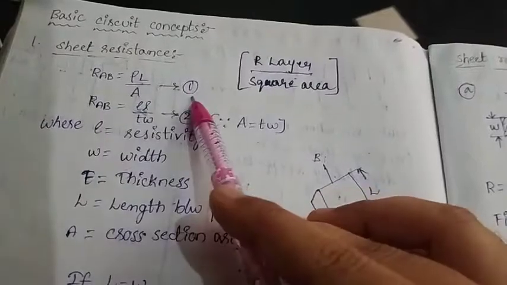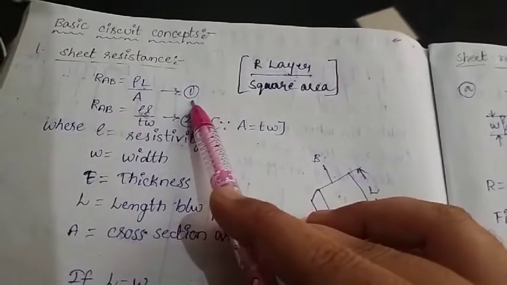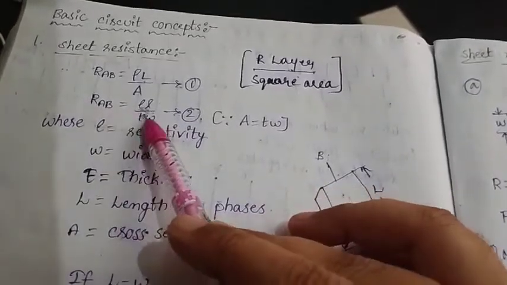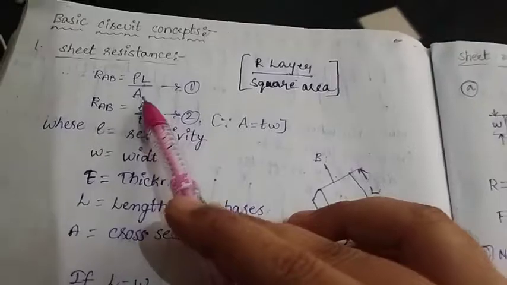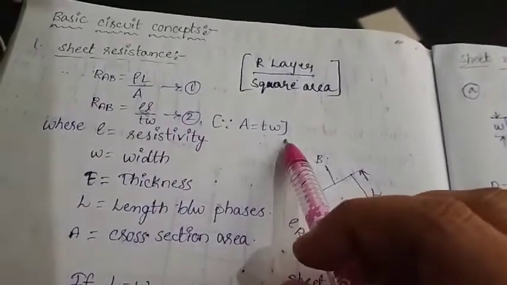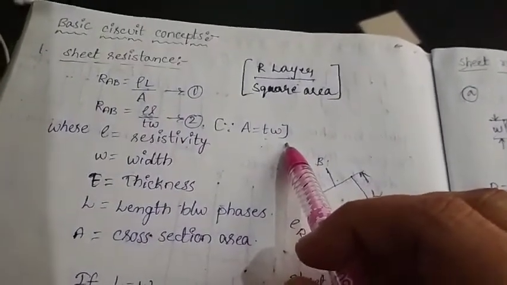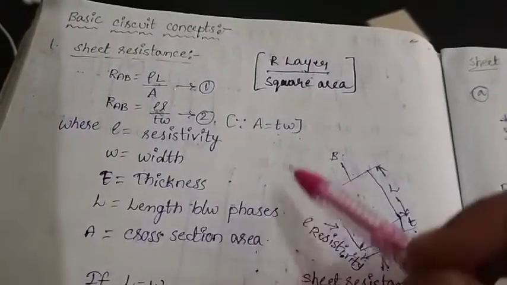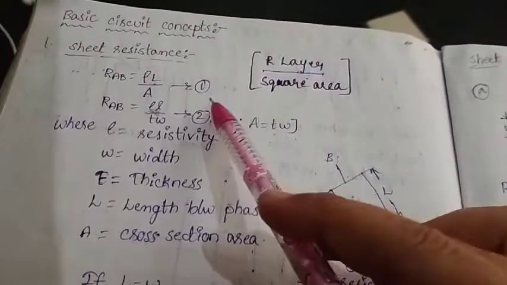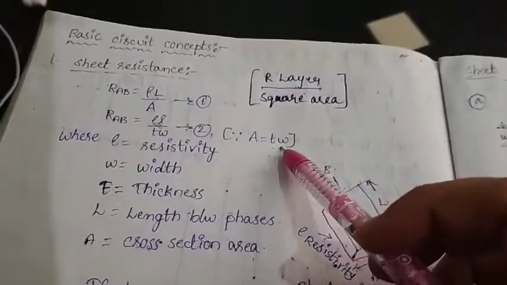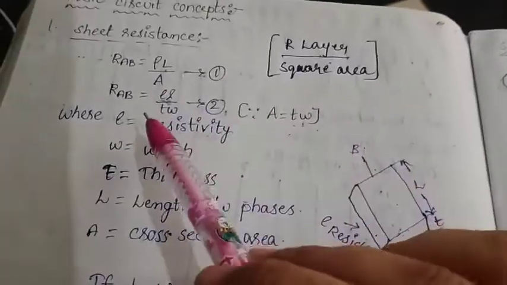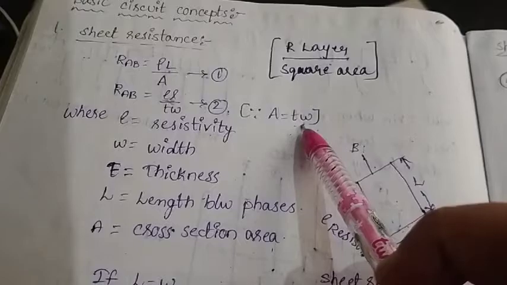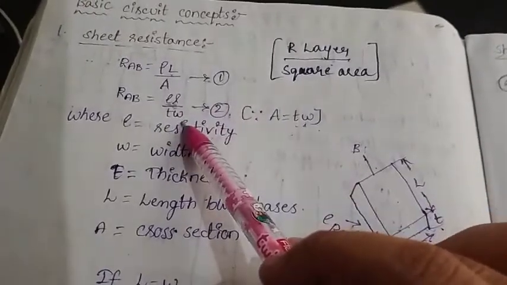This is denoted as equation number 1. Next, the resistance from A to B is rho L divided by A, where A is the cross section area, equal to T W. Substituting A equal to T W, we get this expression.